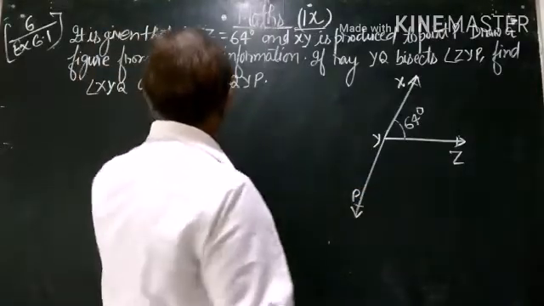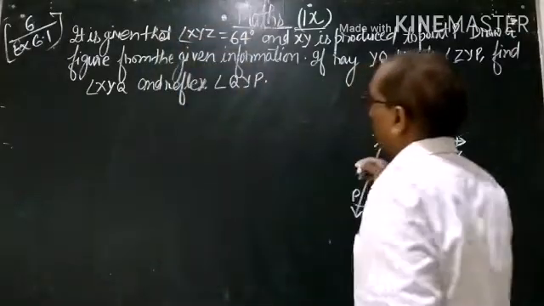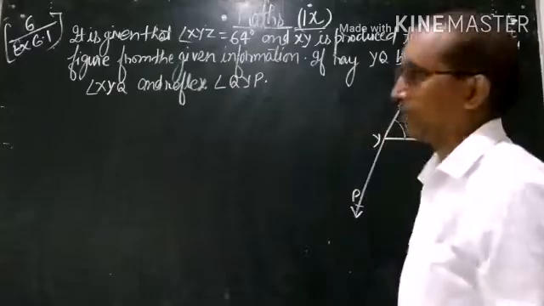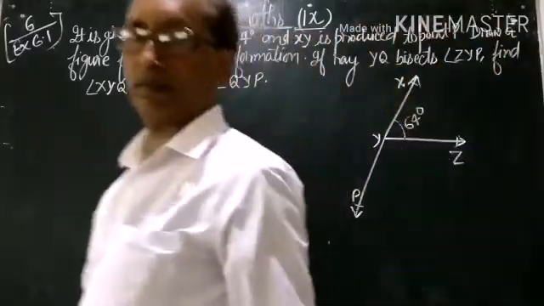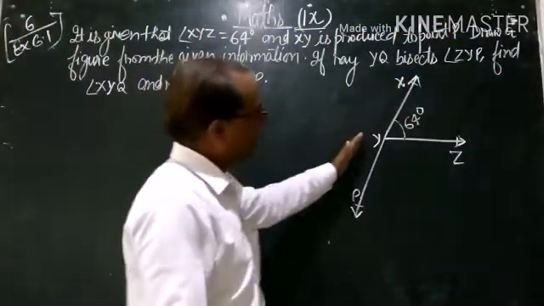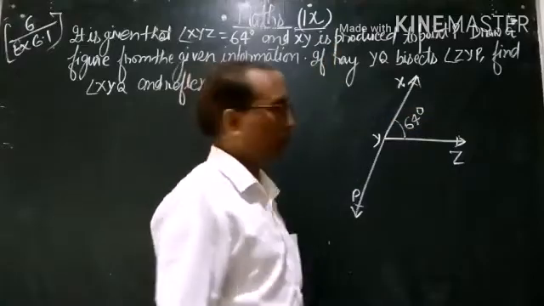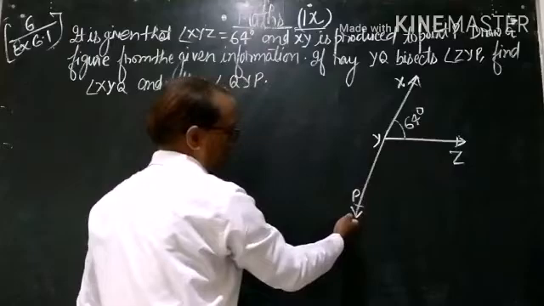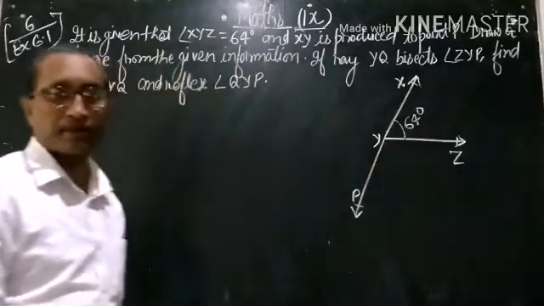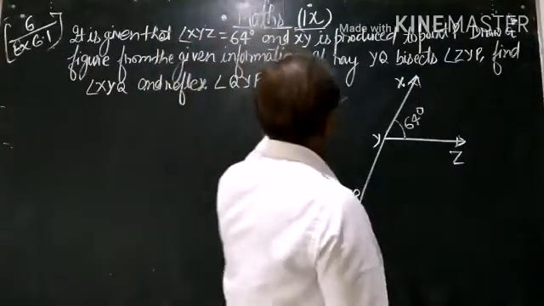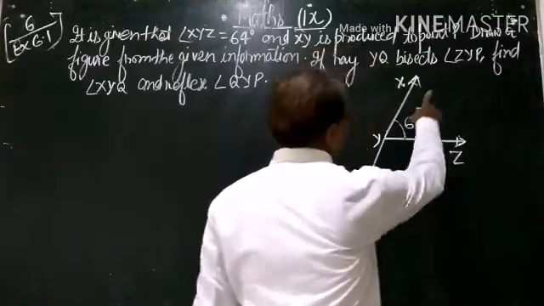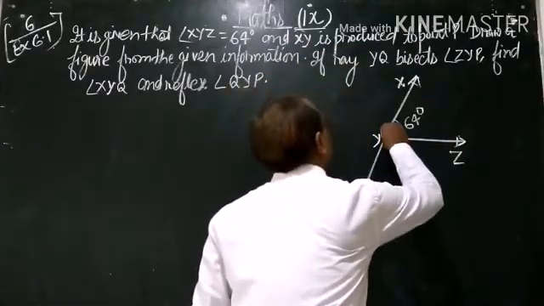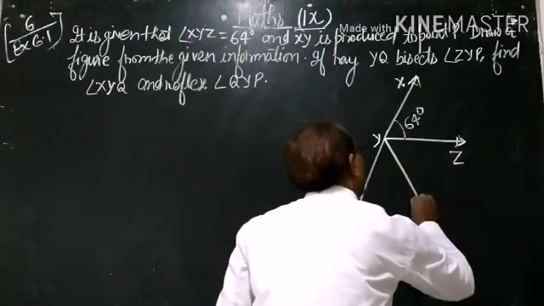From the given information, we are able to draw a figure. This is your figure from the given information. Angle XYZ 64 degree and XY is produced to point P. Then, if YQ bisects angle ZYP, angle ZYP is bisected by ray YQ.